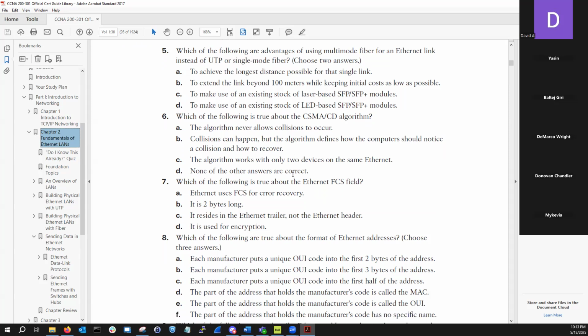Which of the following is true about the CSMA/CD algorithm? Yasin.